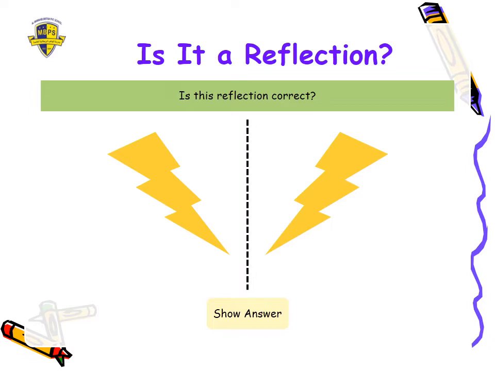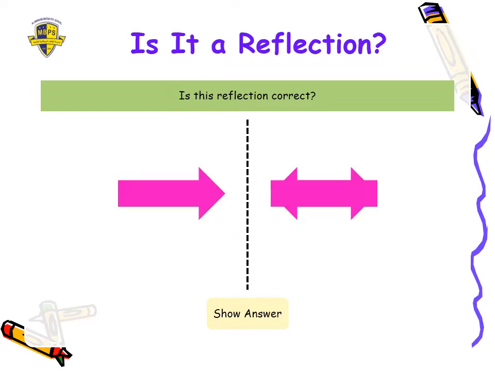Here, let's answer together. Is this a reflection or not? What do you think, grade 4? Let's show the answer. Excellent. This is a reflection. Now, what do you think? Is it a reflection? Let's check our answer. Excellent.